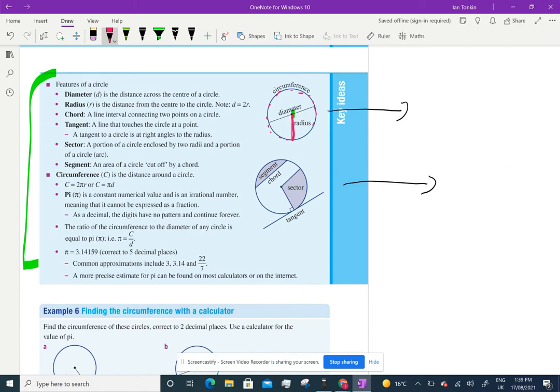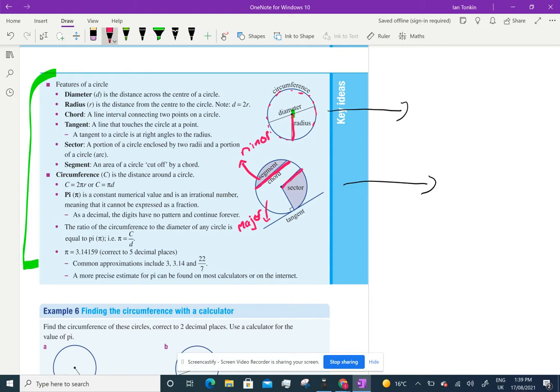And then we have some other things. If we draw a line from one side to the other that's not through the centre, it's called a chord. And it breaks up the circle into 2 segments. And you have the minor segment and the major segment, the major being the bigger.